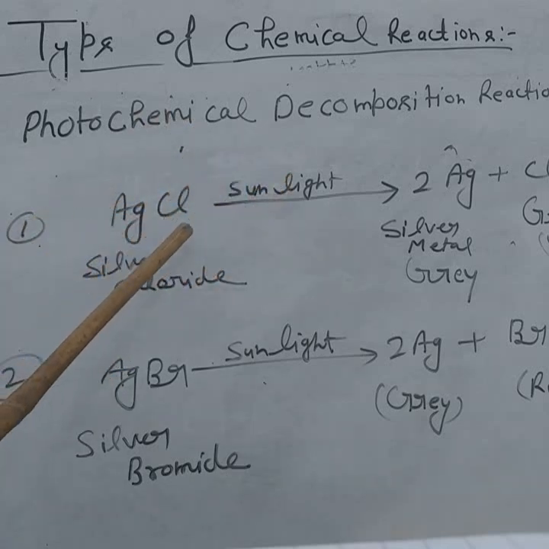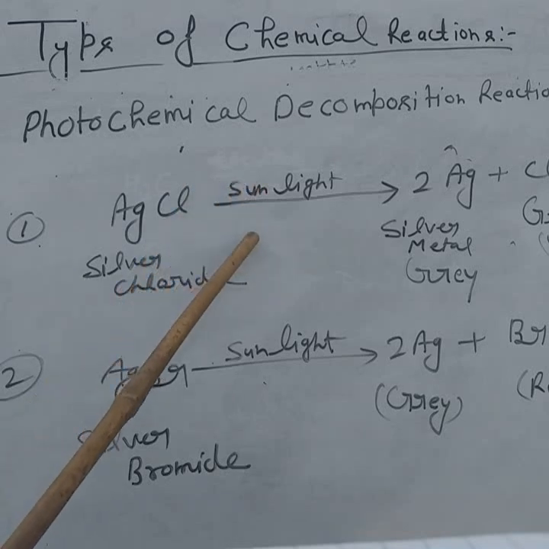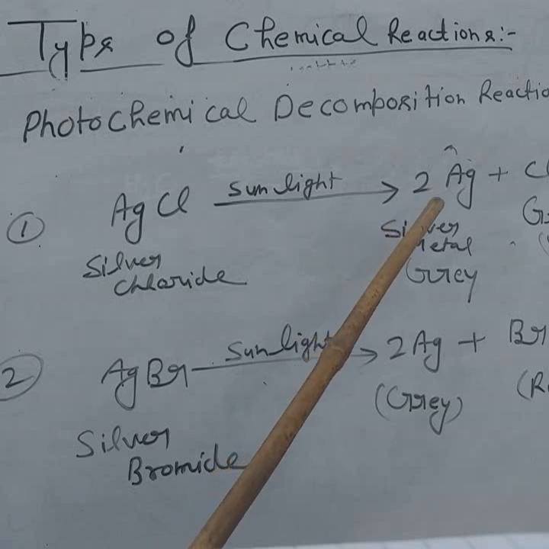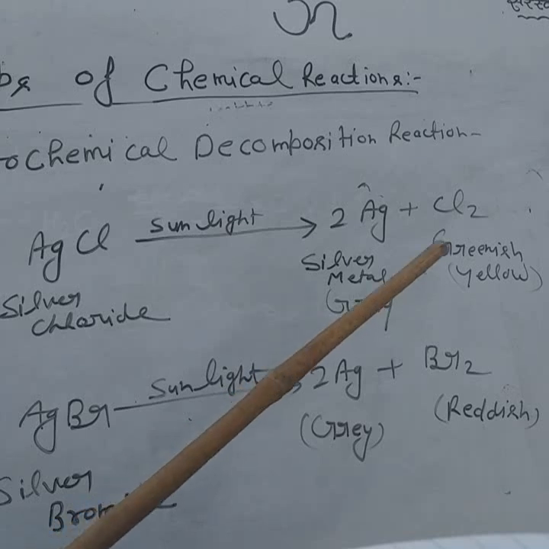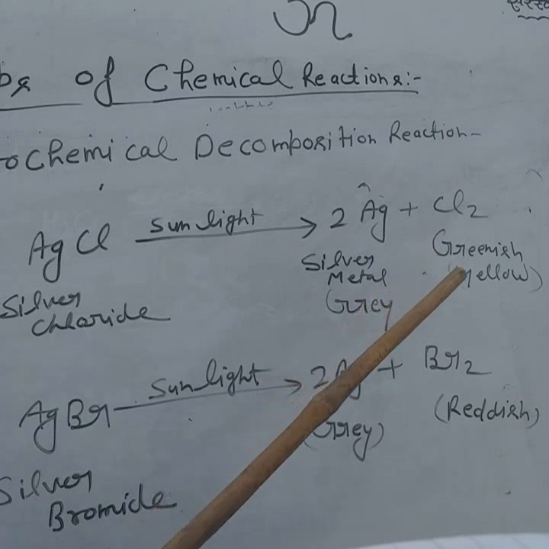First, silver chloride, a white colored material, breaks down or decomposes in the presence of sunlight to give Ag plus Cl, simpler substances. Ag is the silver metal which is grey in color, and chlorine is a greenish yellow colored material.